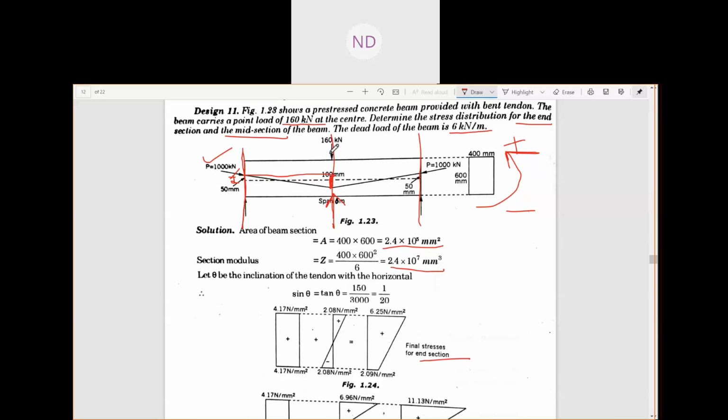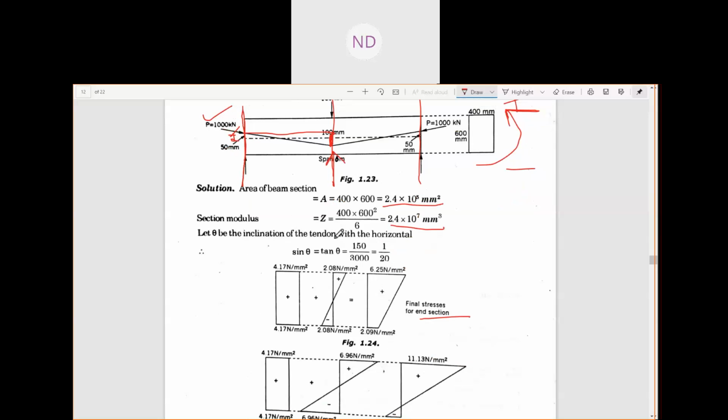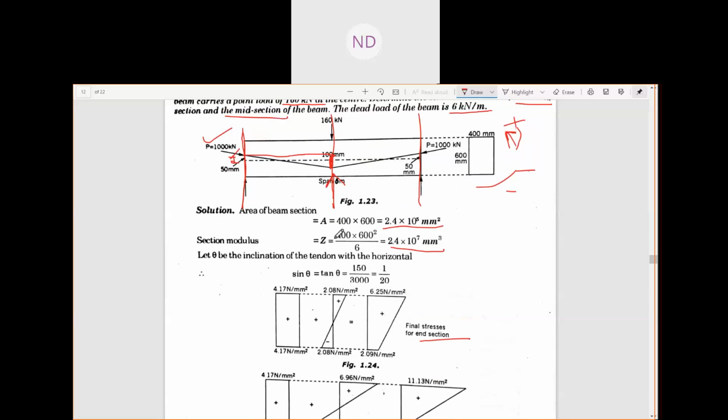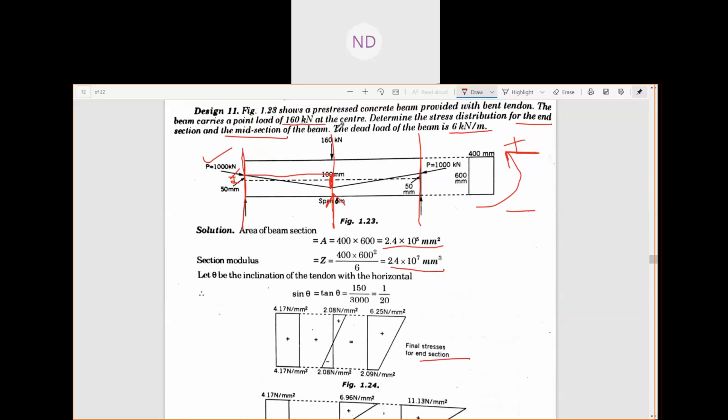That is, due to load and eccentricity, the moments which are going to act here at the midspan will be calculated in this way. That is the total moment you have to calculate: the moment due to this point load, the moment due to the live load, and this dead load. There will be moment, and the moment due to eccentricity of 50 mm.